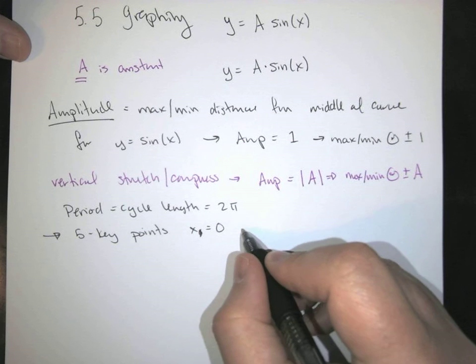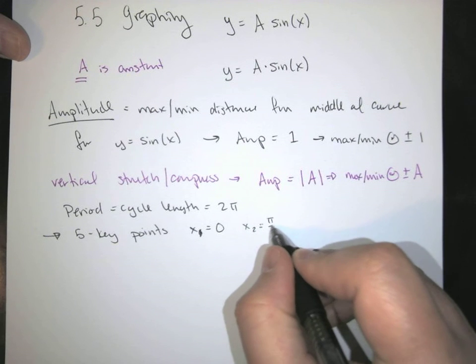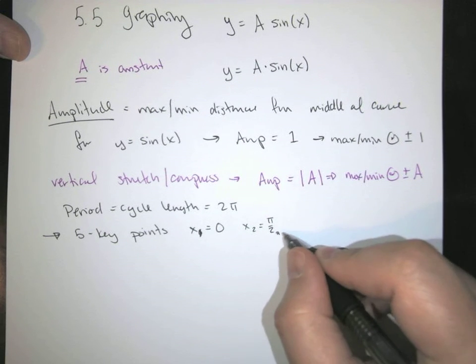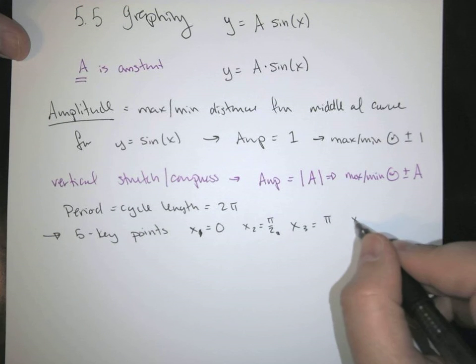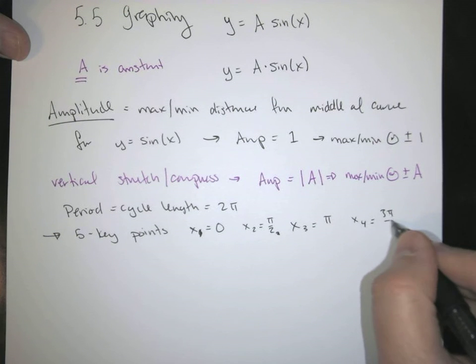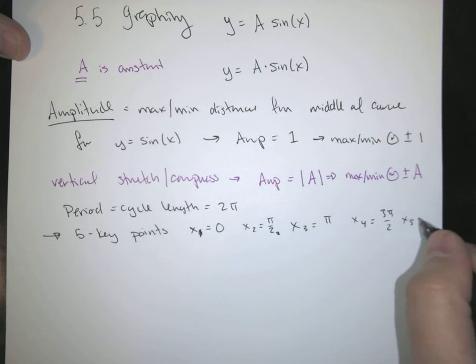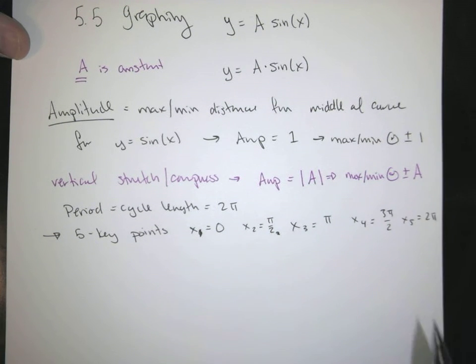The first one is 0, right? The second one is pi/2. These are just like quadrant angles. The third one is pi. The fourth one is 3 pi/2. And our fifth one is 2 pi.